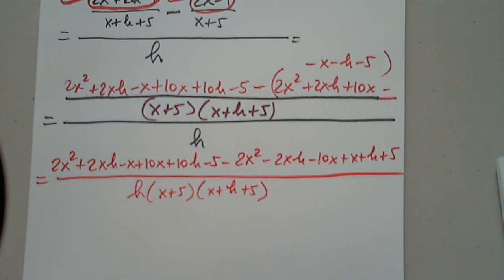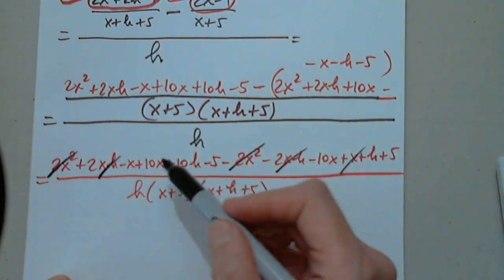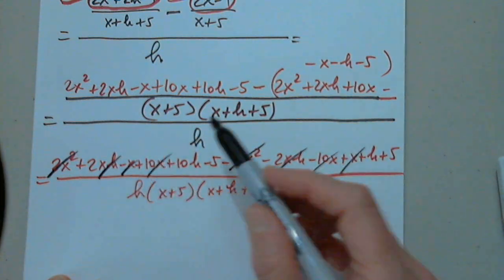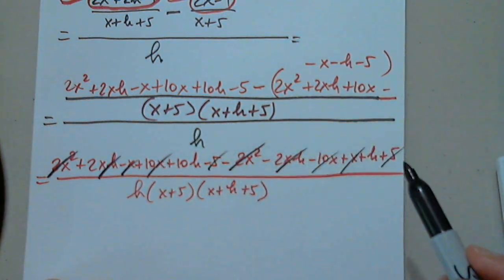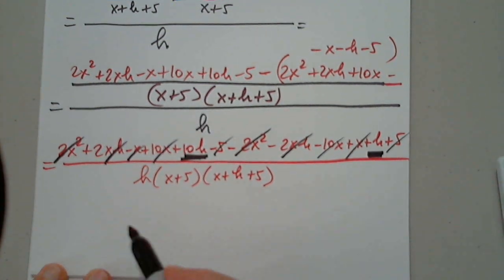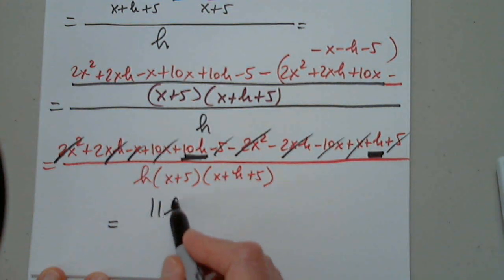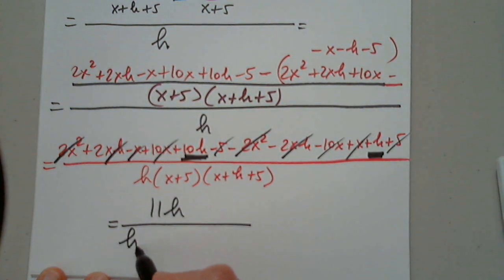Now the two notes have to happen. Mandatory. So, gone, gone, gone, gone, gone. Yay! I have a 10h and a positive h left. I add 10 plus 1. I simplify.